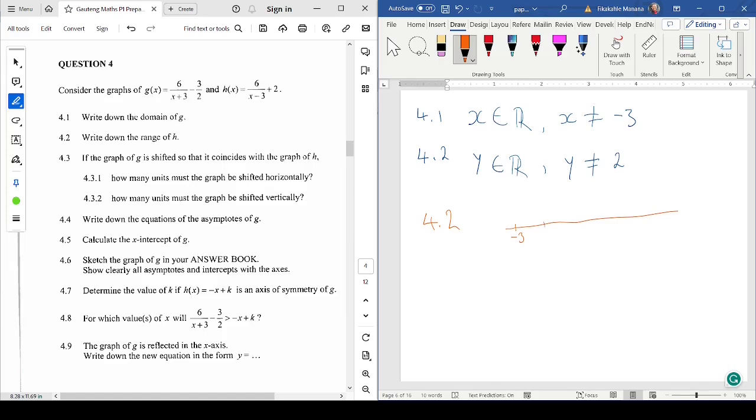So we move from negative 3 to negative 2, negative 1, 0, 1, 2, 3. That's 1, 2, 3, 4, 5, 6 units to the right.